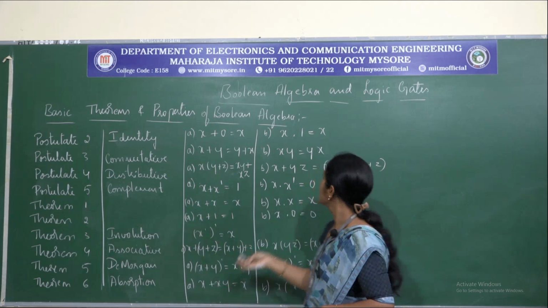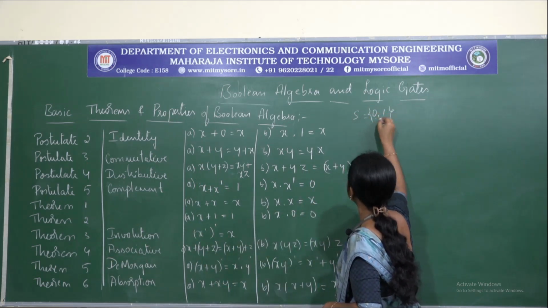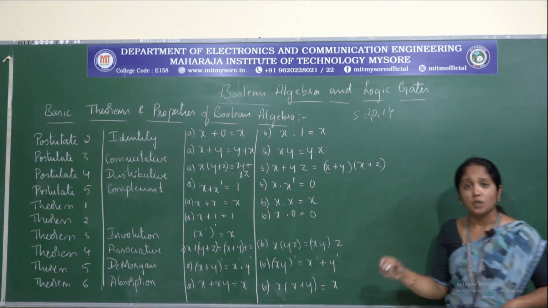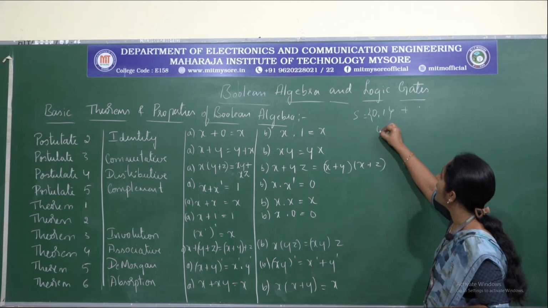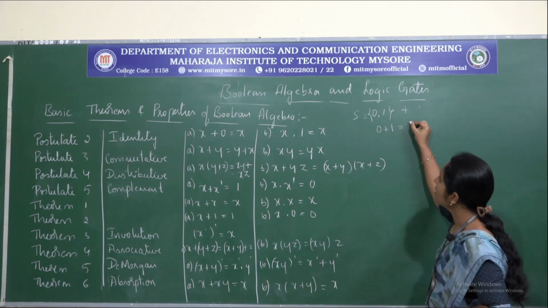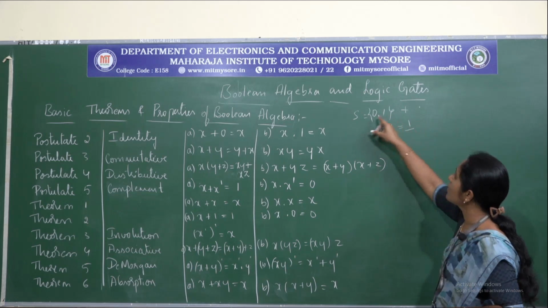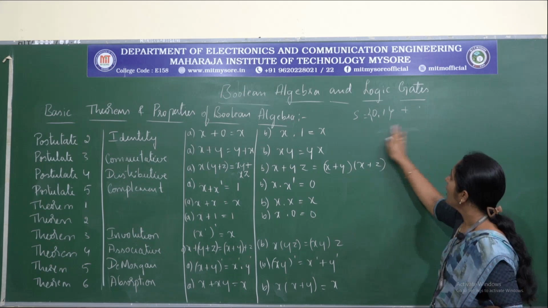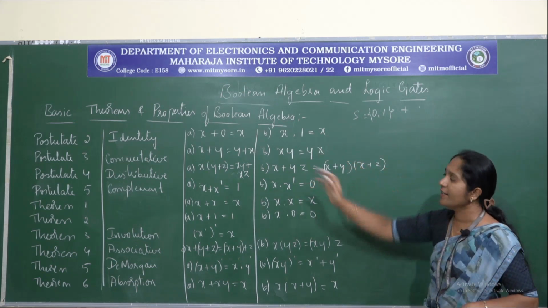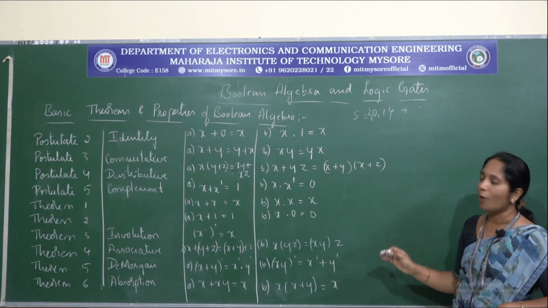Since the set contains only two elements, 0 and 1, these are closed with respect to the binary operators plus and dot, because when we apply plus or dot, the result is 0 or 1, which is also an element of the same set.